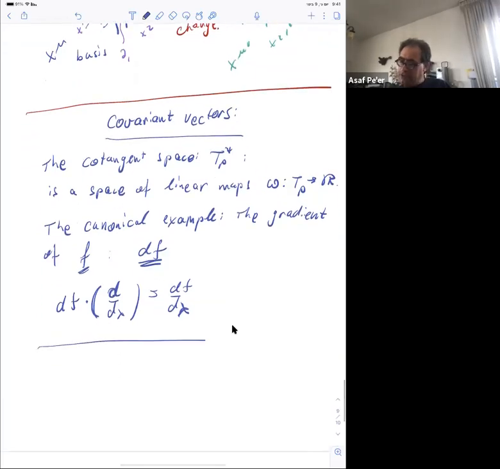So obviously, the natural basis for a covariant vector, again, it's the same thing. We're just repeating the same game that we played.